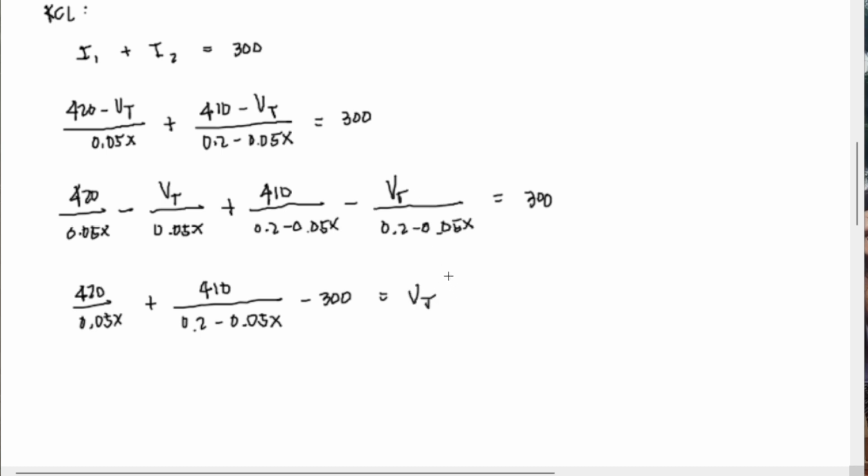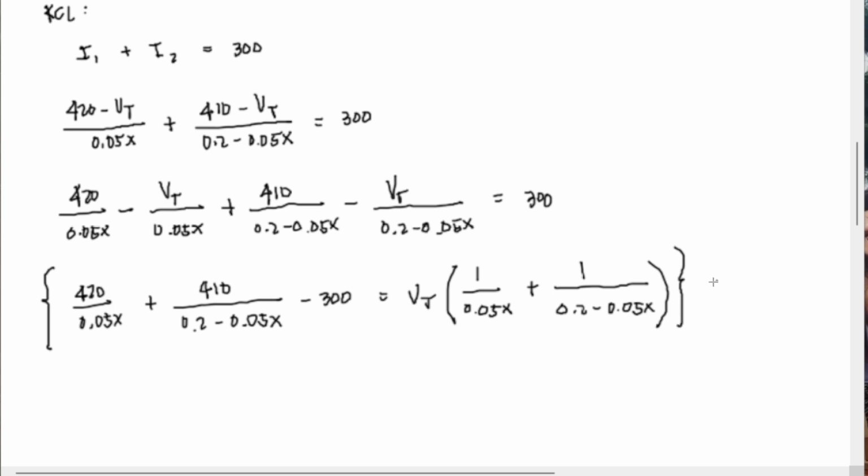Okay, so magiging ganito, 1 over 0.05x plus 1 over 0.2 minus 0.05x. Now to get rid of the denominator, multiply the equation by yung combination ni 0.05x and 0.2 minus 0.05x.